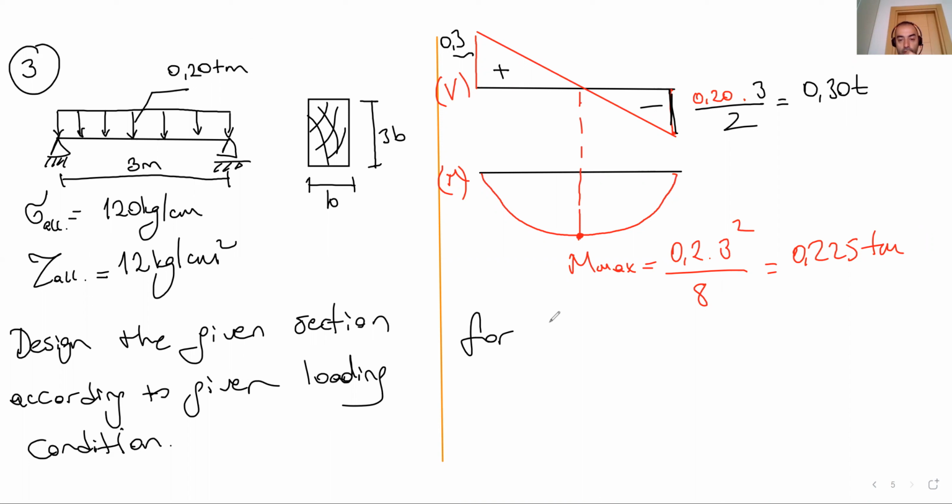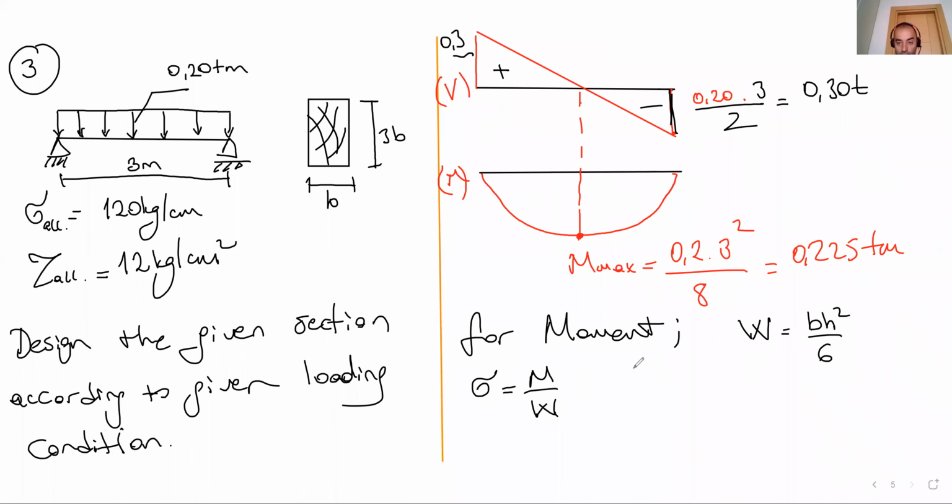For moment, remember the W, which is the section modulus. So sigma equals M over W. I am going to do that.